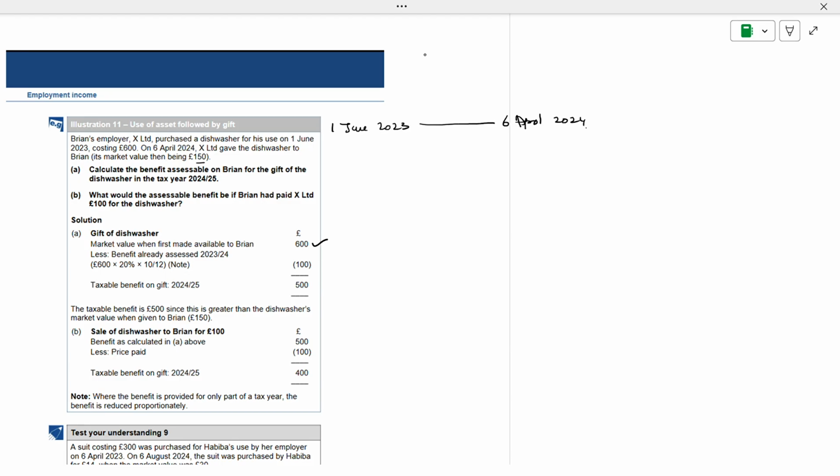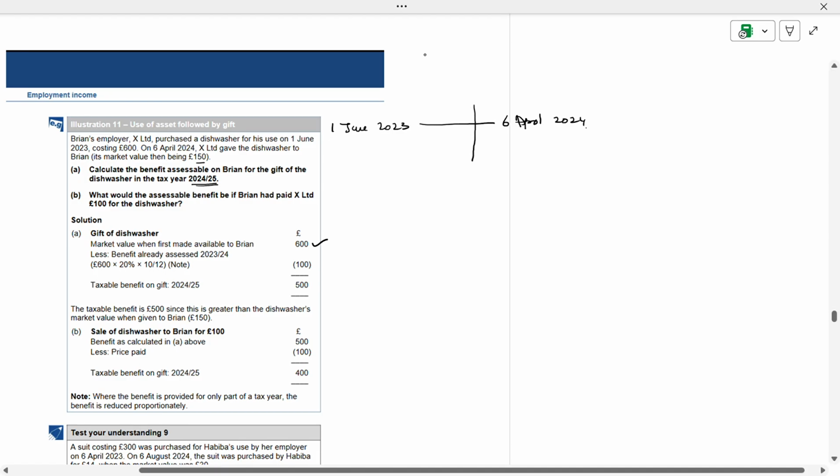Now, when he has gifted it, calculate the benefit taxable on Brain for the gifted dishwasher for the year 2024. This is 2023-24, this is 2024-25.